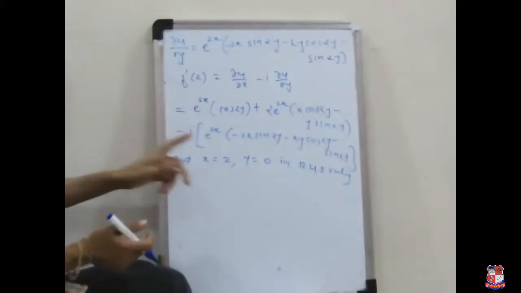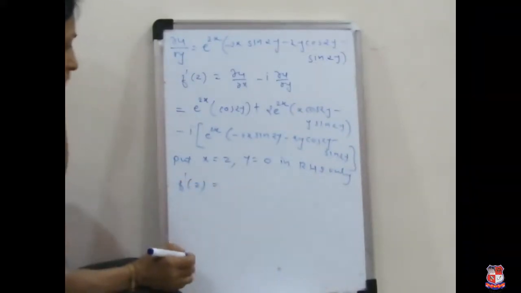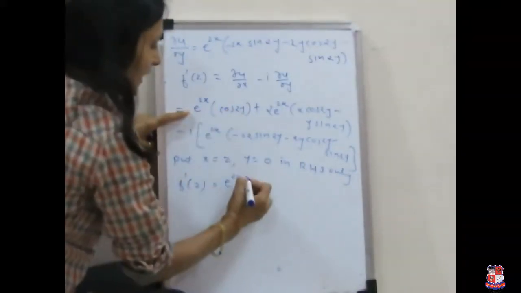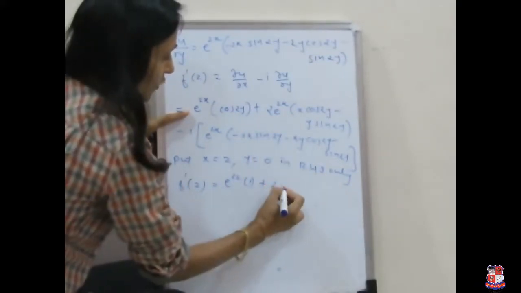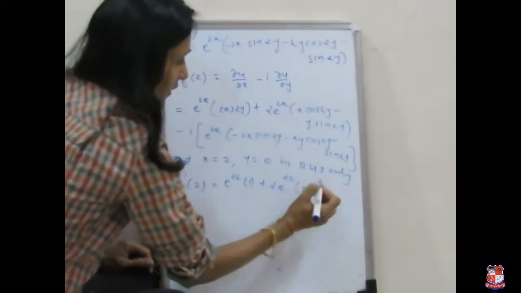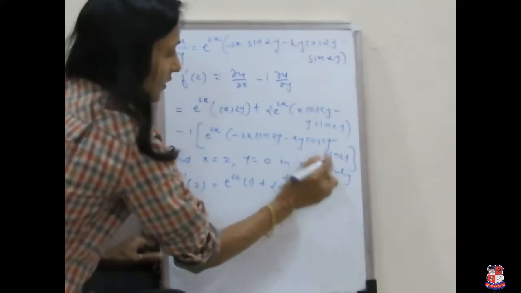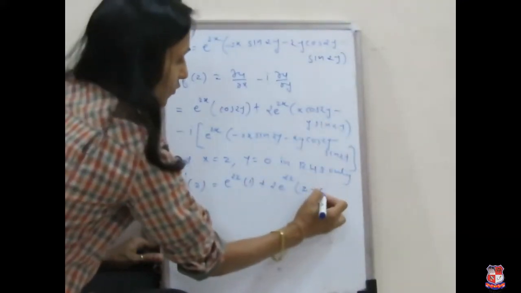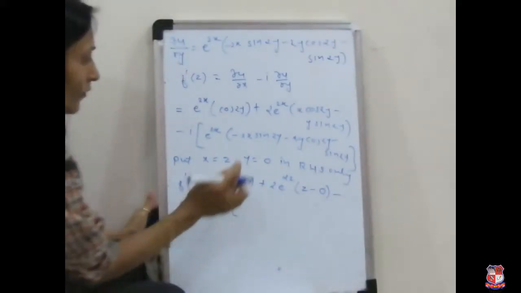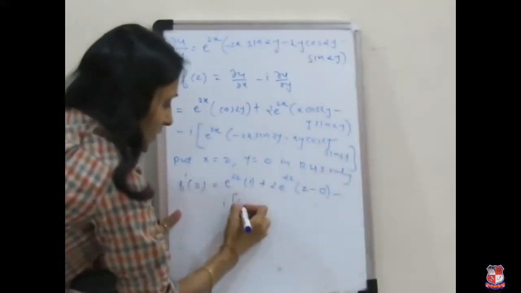We get f dash z is equal to e raised to 2z, with y equal to 0, cos 0 is 1, plus 2 e raised to 2z, x is equal to z, y is equal to 0, z cos 0 is 1, minus y which is 0, sin 0 which is 0, minus i into sin 0, that is 0, so the whole term is 0.